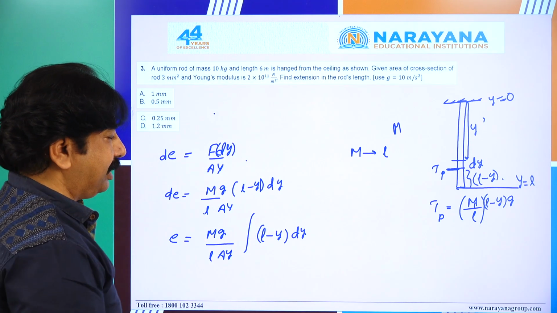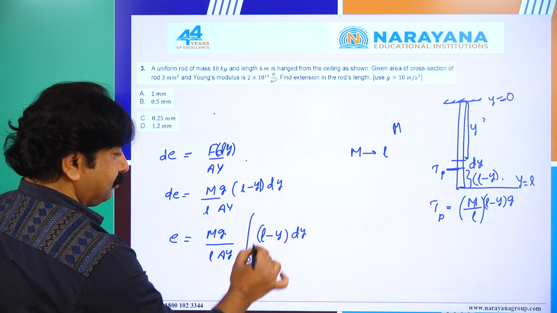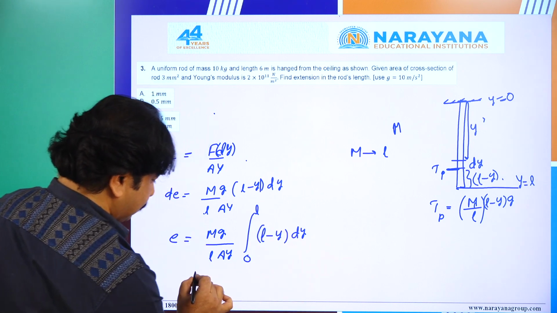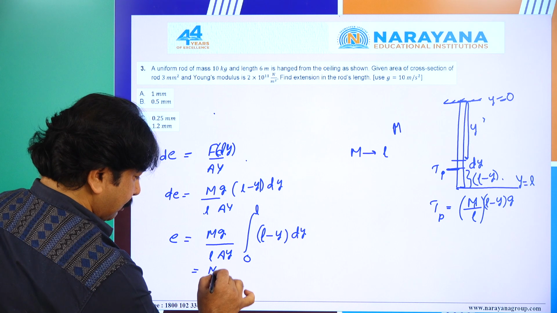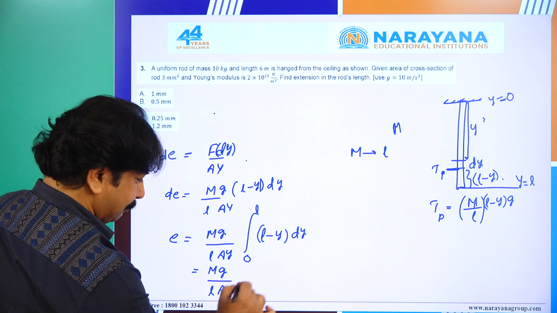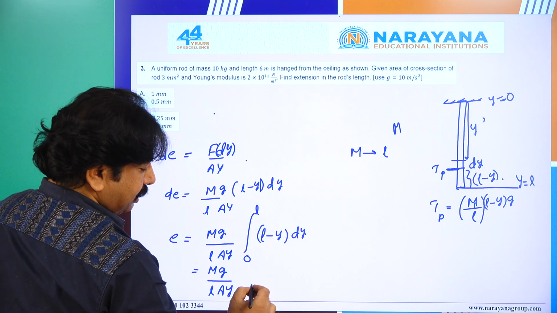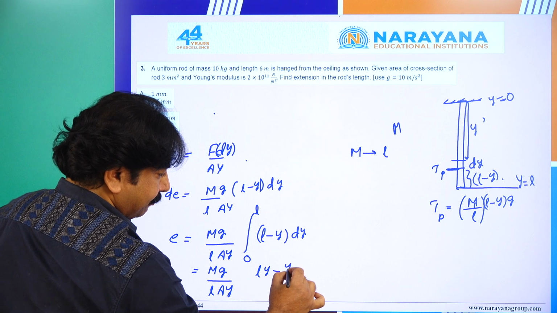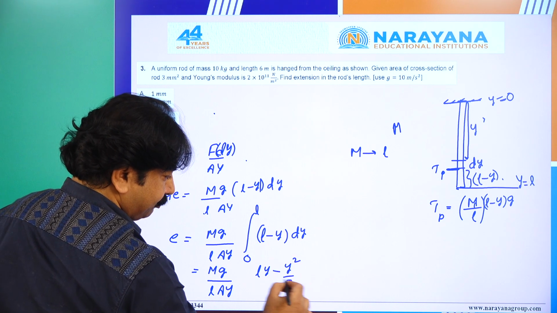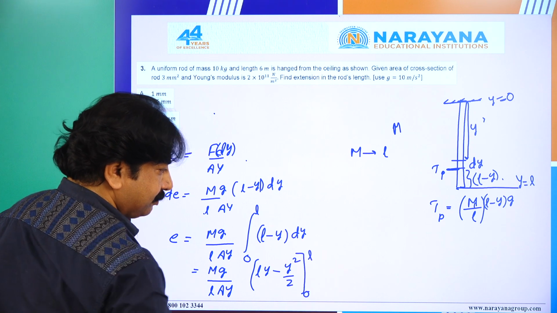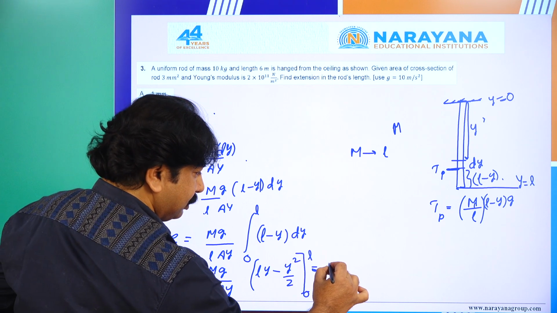Now the limits of y should be 0 to L. So the calculation part of this is mg by L A y, and the integration of this is already known: Ly minus y square by 2, with limits 0 to L.